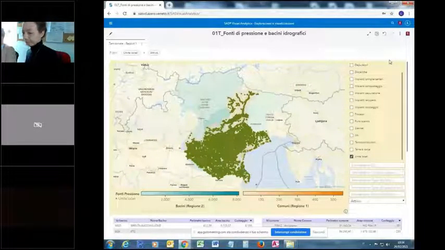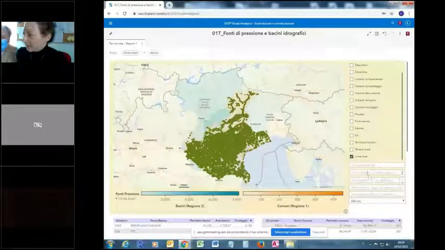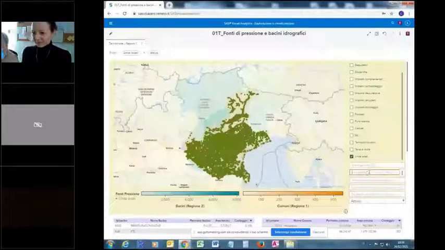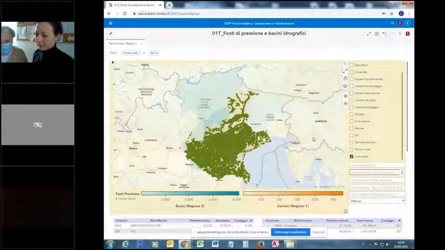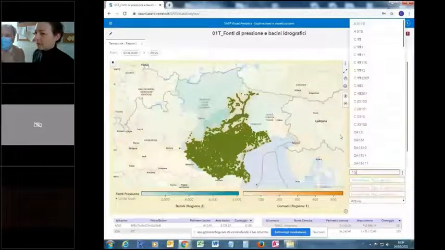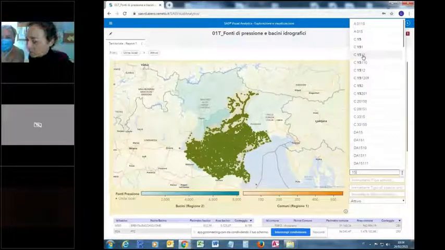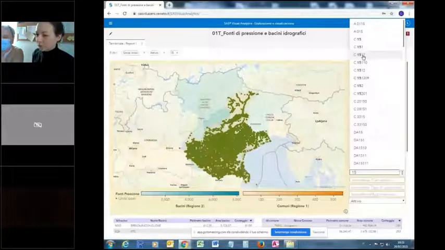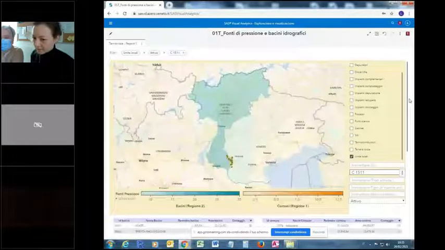Okay. Now you can see that the map is occupied by dots because we have selected all local productive facilities, but we are now going to refine the selection with the so-called ATECO code, which is a national classification of productive activities in Italy.